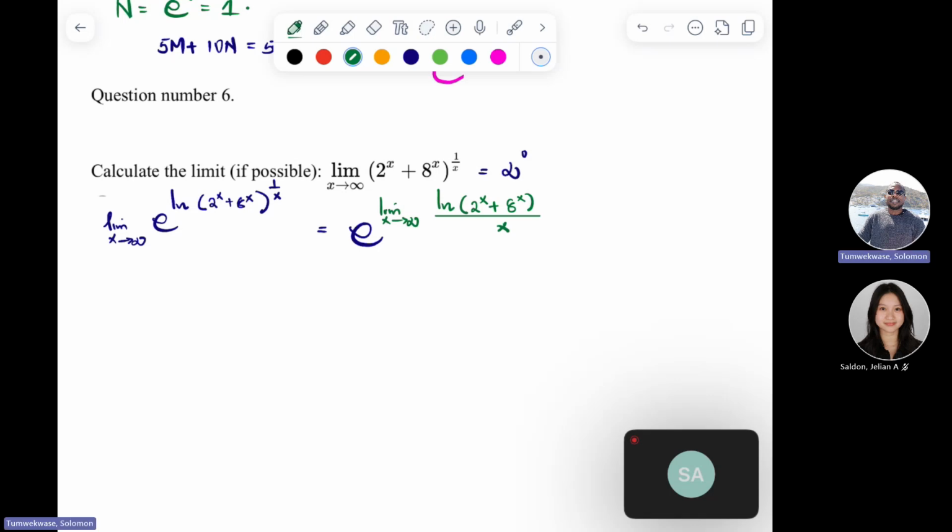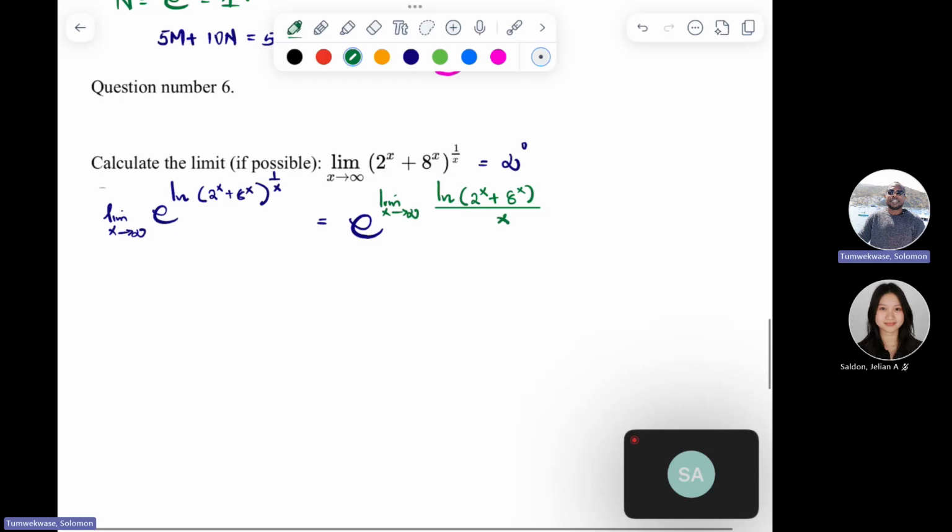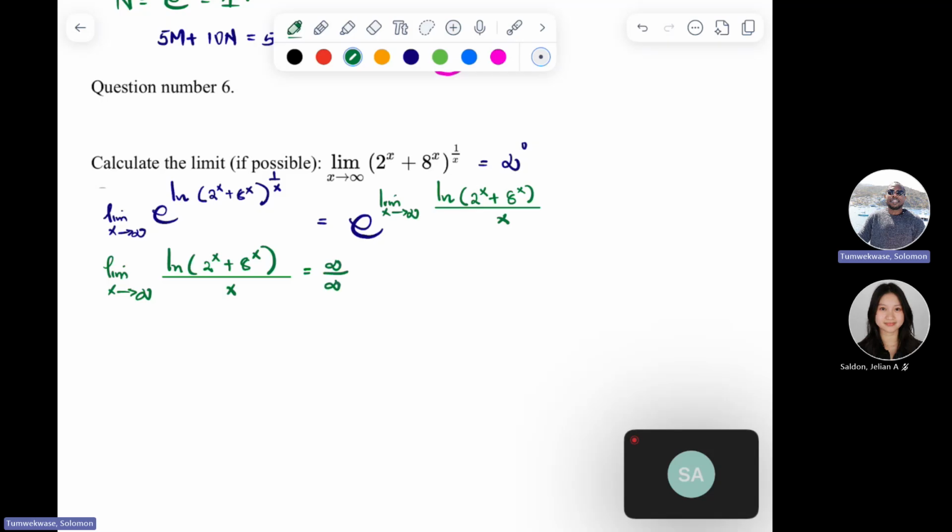I really hope that is fine. So let me write that guy in green. So we need to evaluate this natural log of 2 to the x plus 8 to the x, then over x. Now, when I take this limit directly, once again, I'll have infinity over infinity.